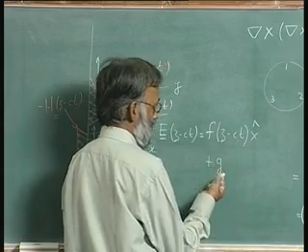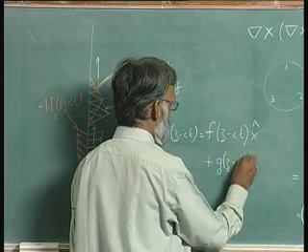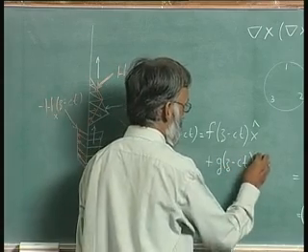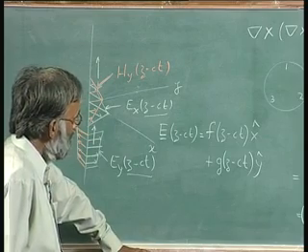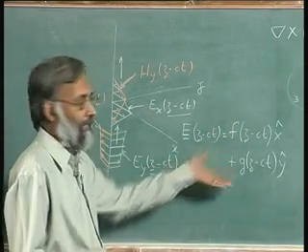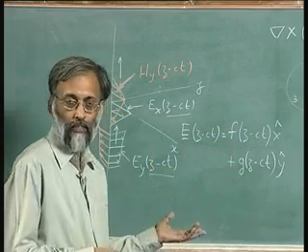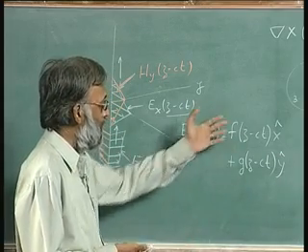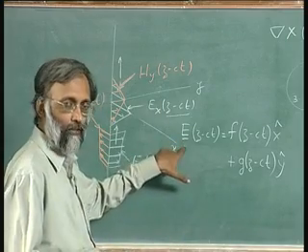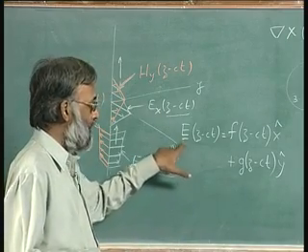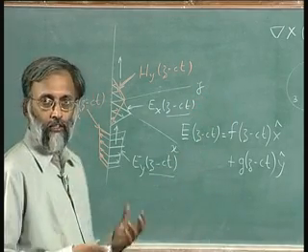I am going to call it g, even though last time I was using g for z plus Ct. Here I am running out of symbols. g of z minus Ct along the y direction. Now, this is in general a vector field. This is the x component, this is the y component. So, if I have specified the x and y component, I have more or less specified everything. I could specify a z component, but if I specify a z component, as I will show later, the wave cannot travel in the z direction.